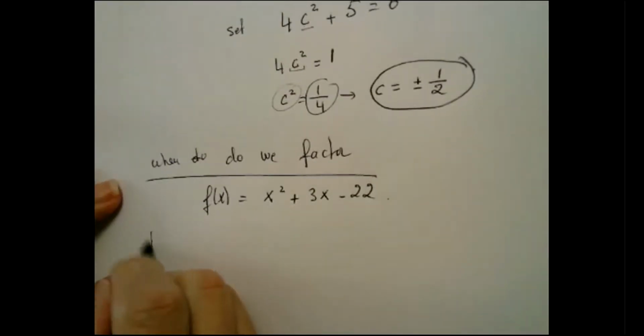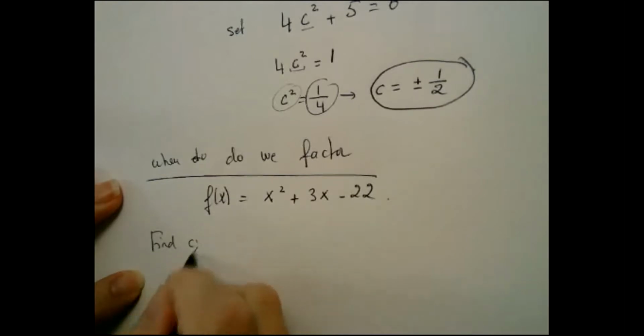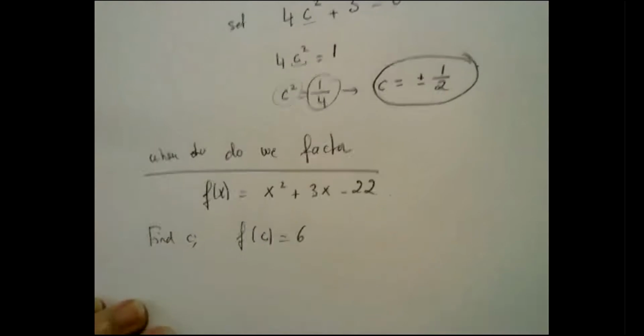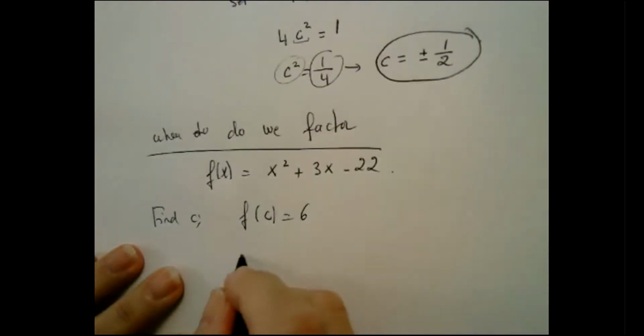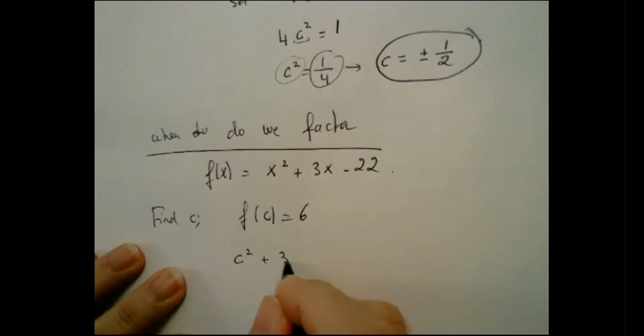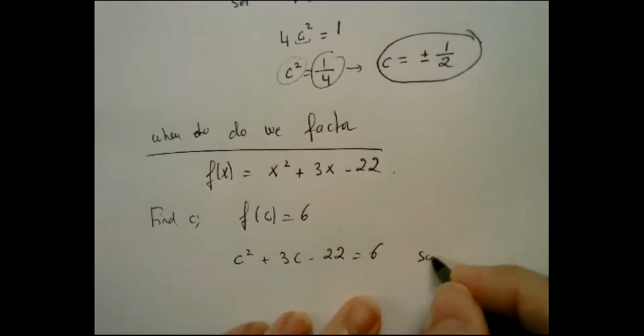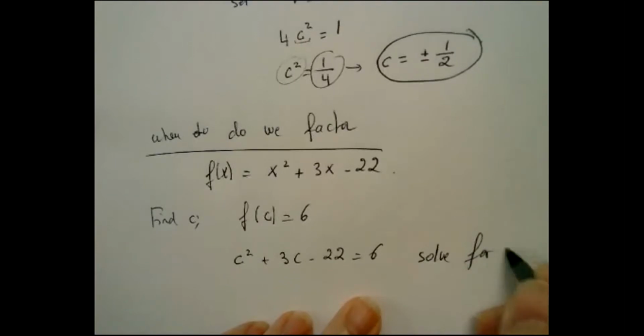And I ask you to find the values of c such that, let us say, f of c equal to 6. So always we do the same thing. We're going to set c squared plus 3c minus 22 equal to 6 and solve for c.